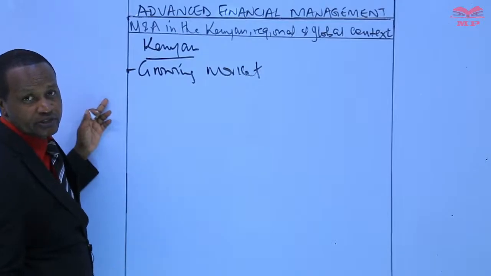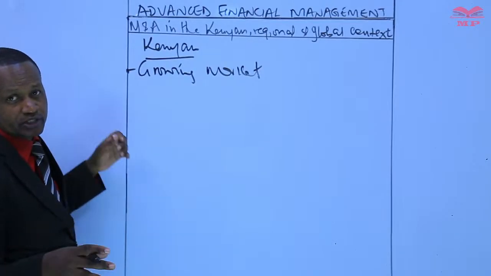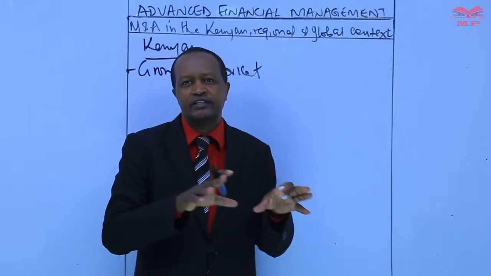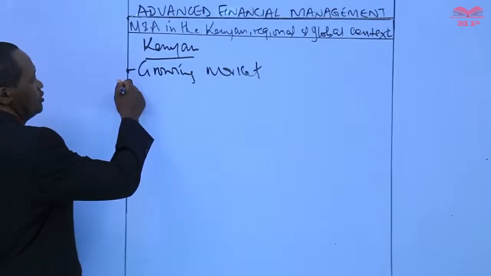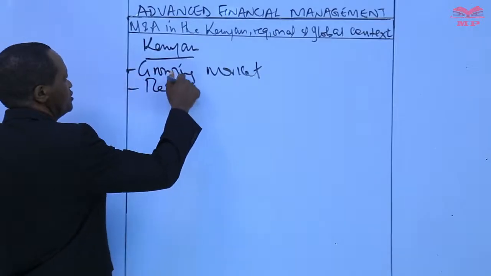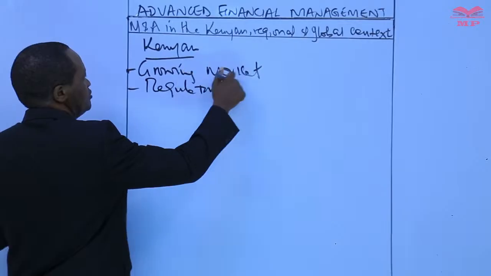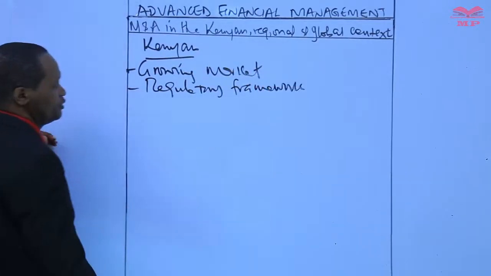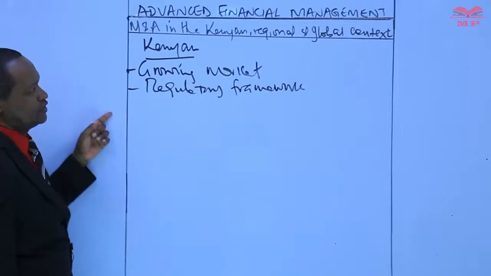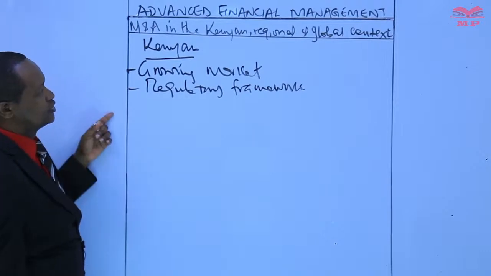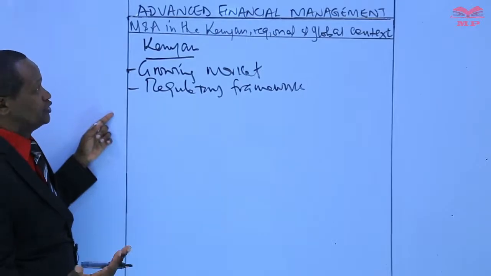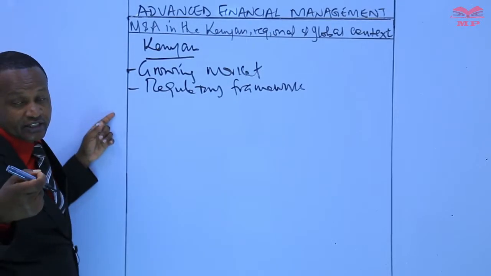These bodies oversee mergers and acquisitions in the respective sectors. Kenya has put in place a regulatory framework that oversees mergers and acquisitions. That's why we've had successful mergers and acquisitions in the Kenyan context.